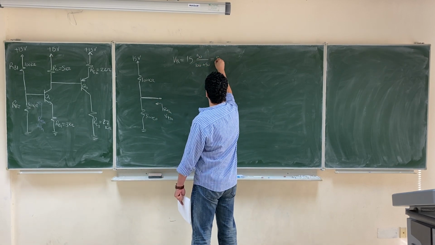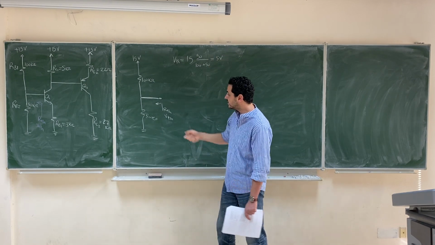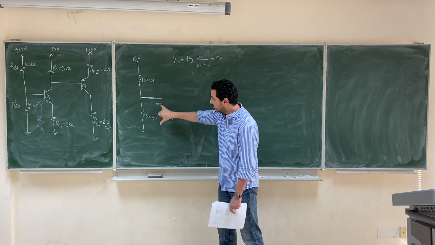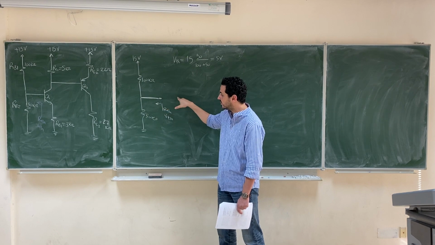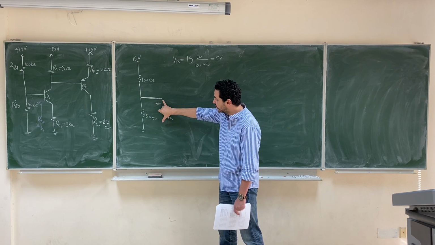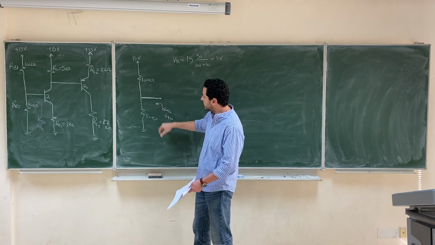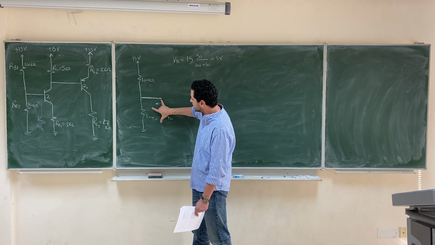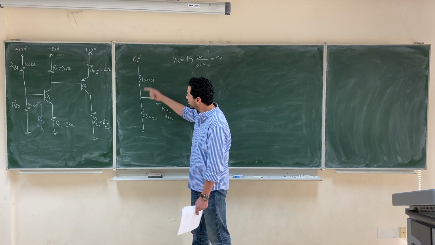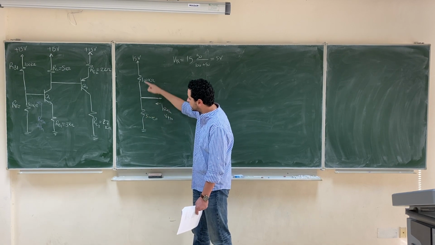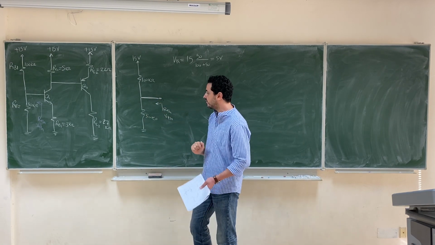This will give you 5 volts. You assume that this terminal is open circuit, and you calculate the voltage between this terminal and the ground. And of course, if this terminal is open circuit, then the voltage between this terminal and the ground can be calculated from a voltage divider, 15 multiplied by this resistance over the sum, which is 5 volt.